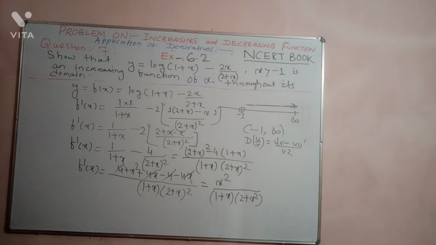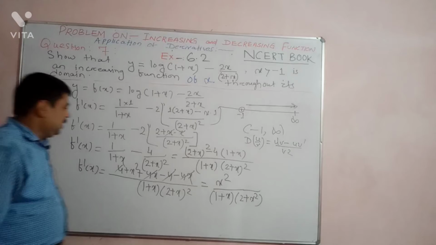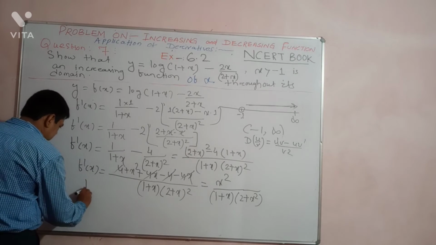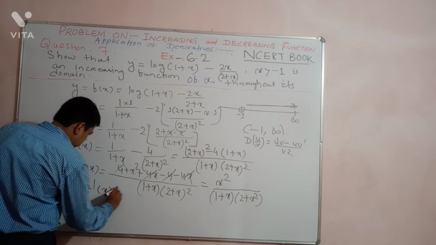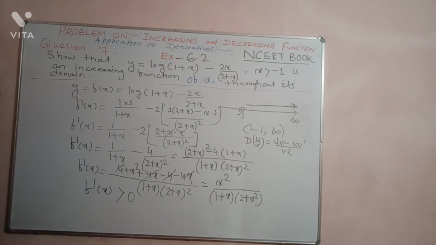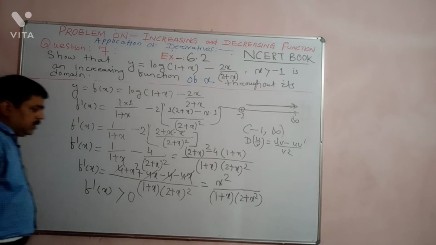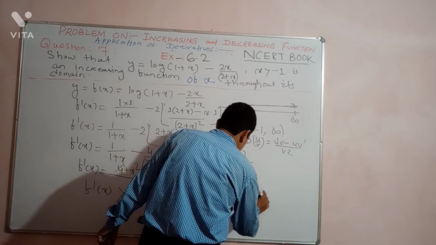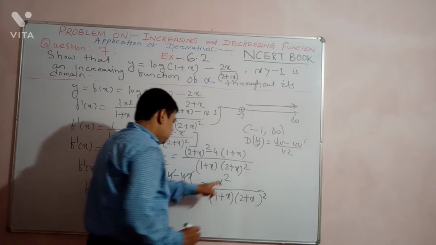Understand? Yes. So we know that for the function to be an increasing function, what happened? F dash x must be greater than 0. Must be greater than 0, right? And you clearly see the whole square is there, (1 plus x) whole square. You see now these factors.